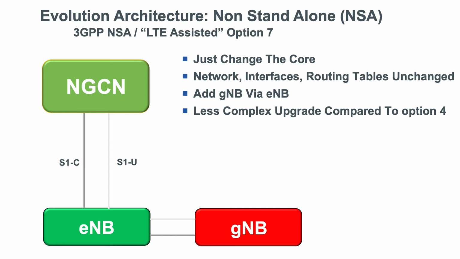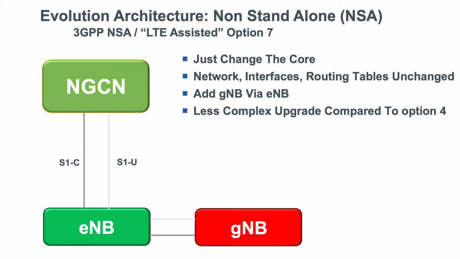In this case, the eNode B will maintain its communication directly to the NGCN, or the next generation core network, and it in turn will be connected to the next generation node B. The next generation node B, of course, will be supporting the new radio and the higher performance associated with it. But remember, for good coverage, we will still need a lot of the technology running in that eNode B.